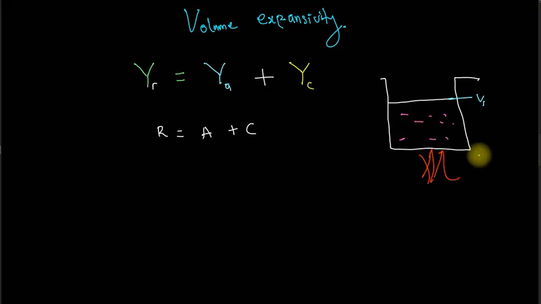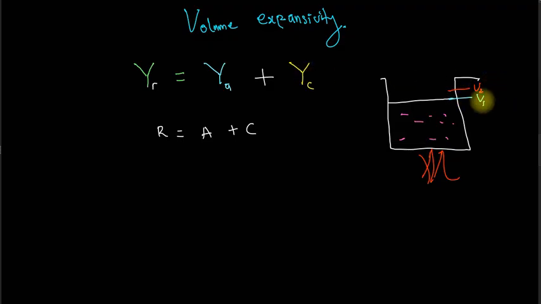So the concept is this: the liquid inside will not increase in volume normally, say from V1 to V2, because the vessel is also expanding. That means we need to account for both the cubic expansivity of the container and add it to what we apparently saw.